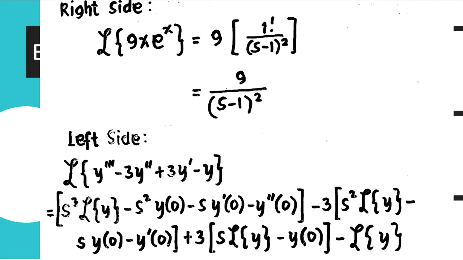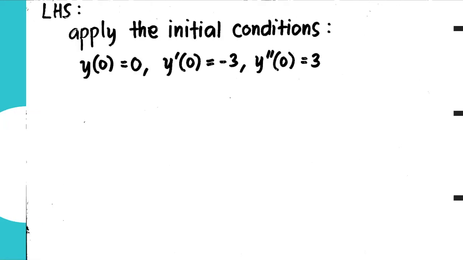Now, the next step will be applying the conditions. Okay, so we apply the initial conditions. It says that the value of y is equal to 0 when x is equal to 0. Y prime is equal to -3 and y double prime is equal to +3 when x is equal to 0.